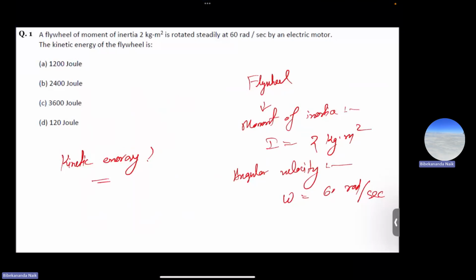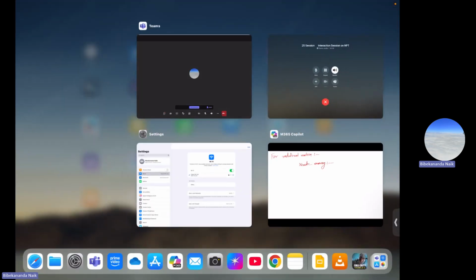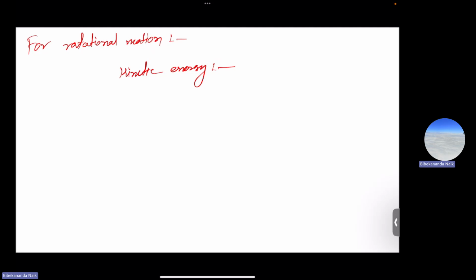So we know for rotational motion the kinetic energy is given by K equals half I omega square.